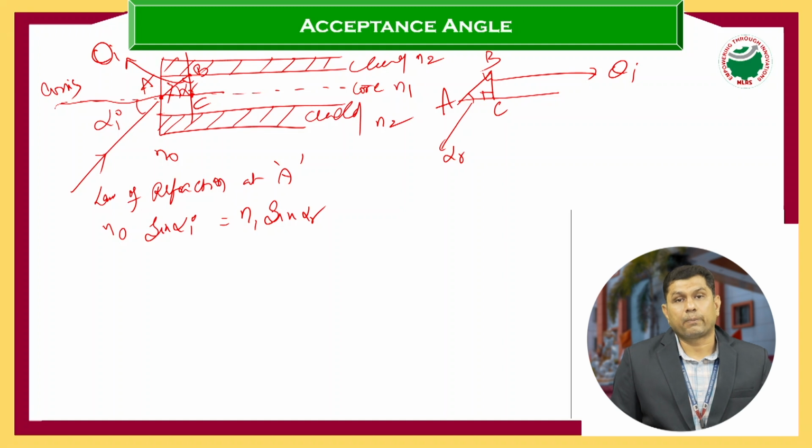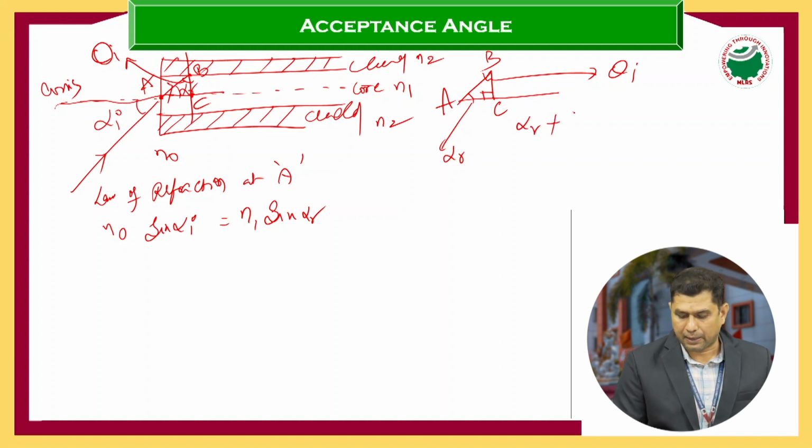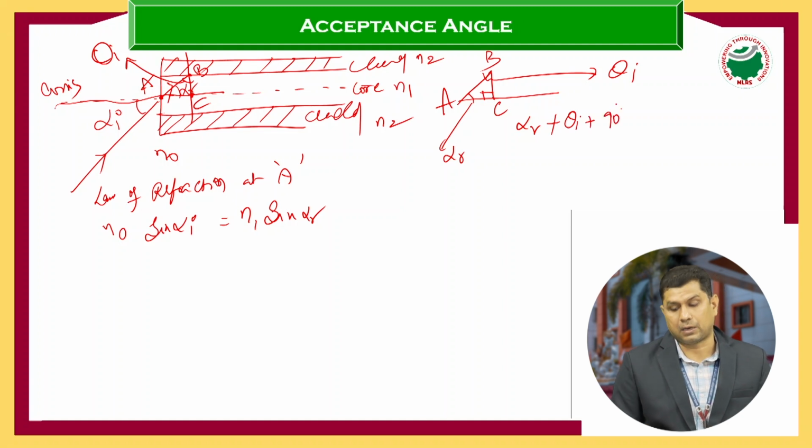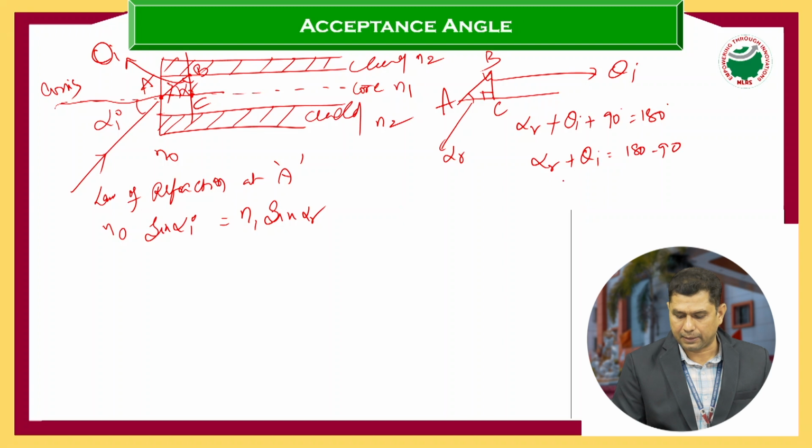By the angle sum property, the sum of the angles in a triangle is 180 degrees. That's why alpha R plus theta I plus 90 is 180 degrees. Alpha R plus theta I equals 180 minus 90, which is 90 degrees.